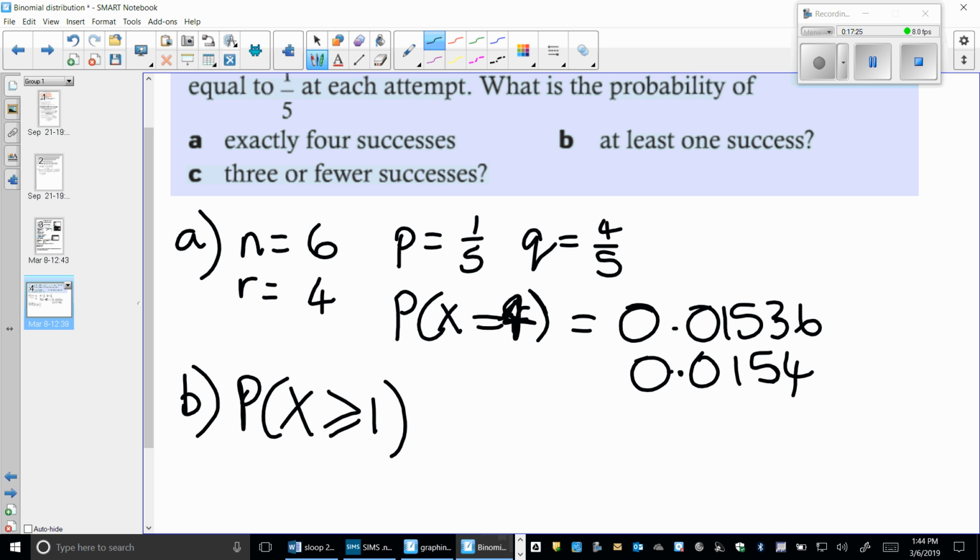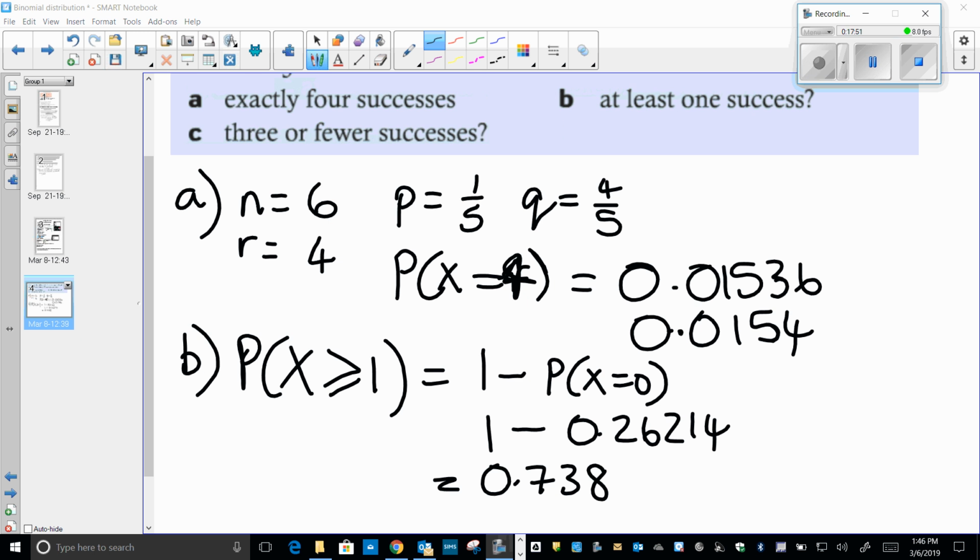Now, what did we say about greater than or equal to things? You do the bit that we don't want. So the only one we don't want is when X is 0. So actually for this, we're going to do 1 subtract that. Does that make sense? So I'm going to let you do that.